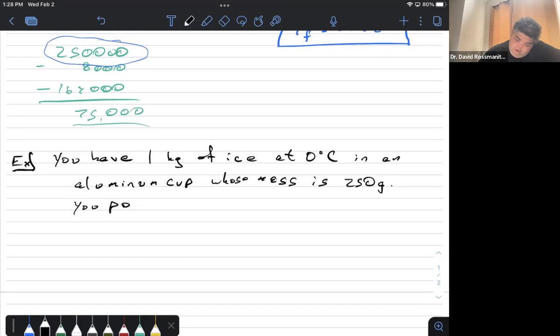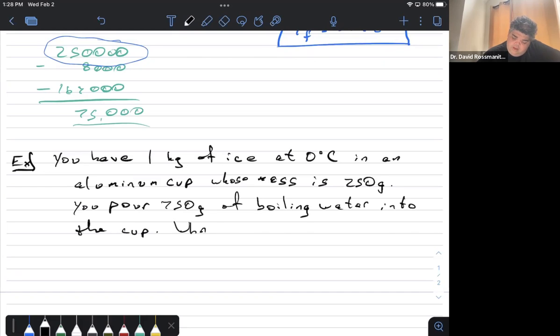You pour, let's say, 750 grams of boiling water into the cup. What will be the final equilibrium temperature?